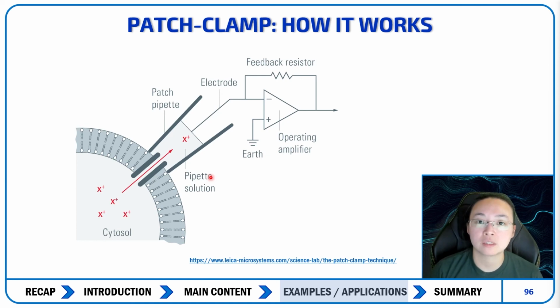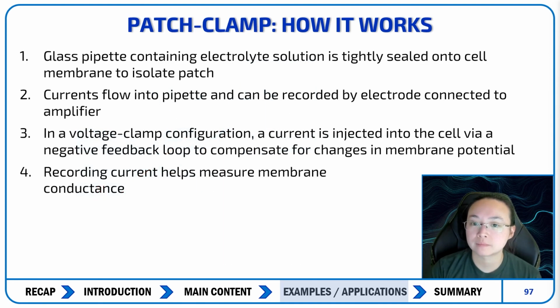It allows for conclusions about membrane conductance. So as we restore the voltage by injecting current, knowing how much current is injected will indirectly tell us how well the membrane has been conducting its current. So that's just the overview of steps that I just walked through that you can read yourself as well.